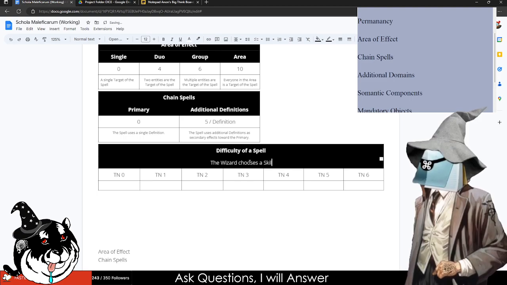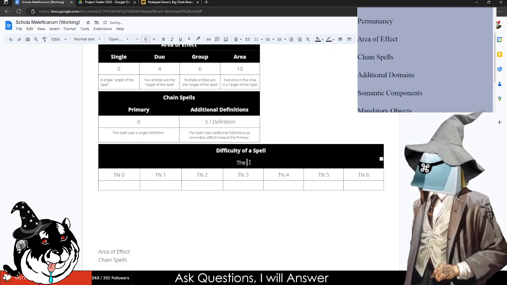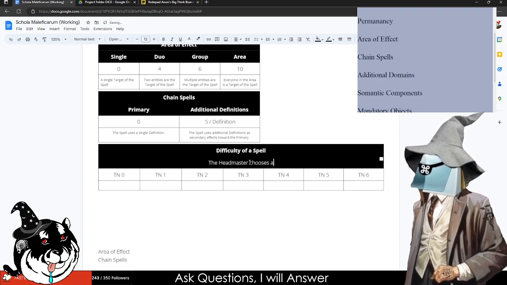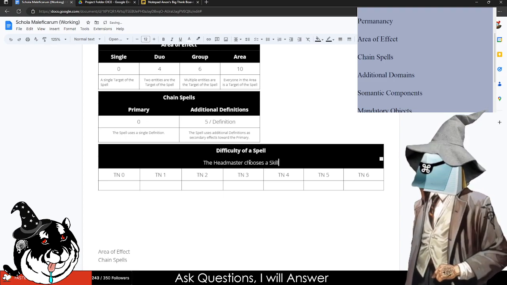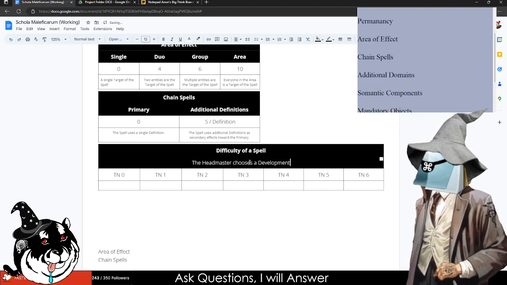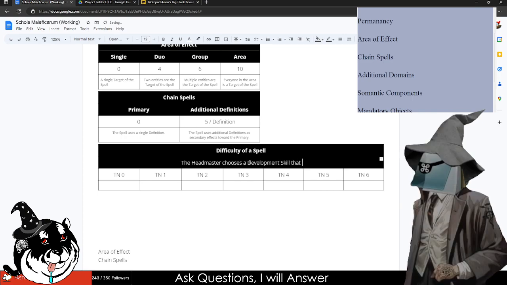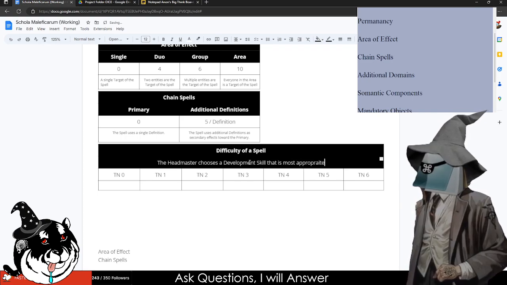The headmaster chooses a skill. A development skill that is most appropriate.